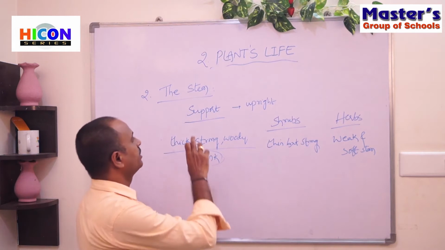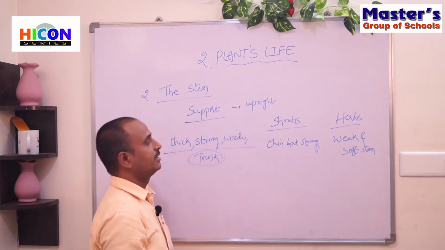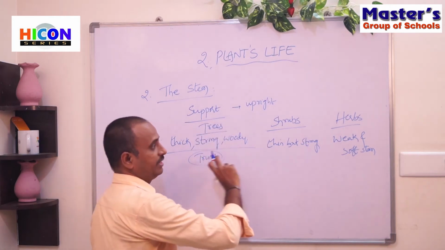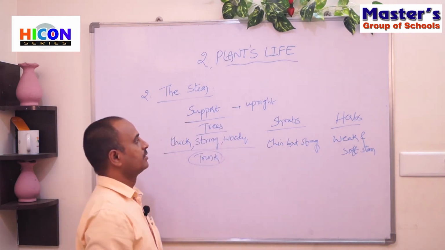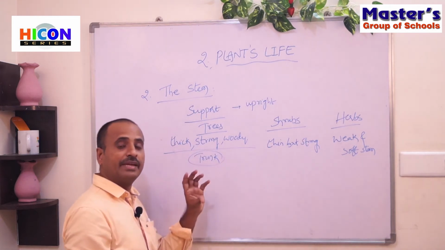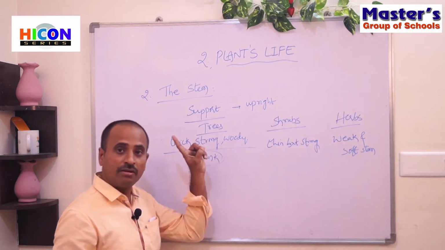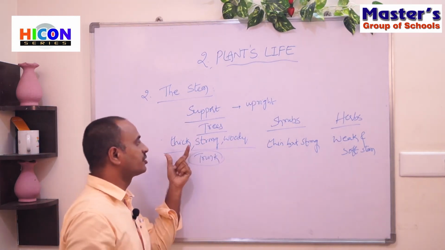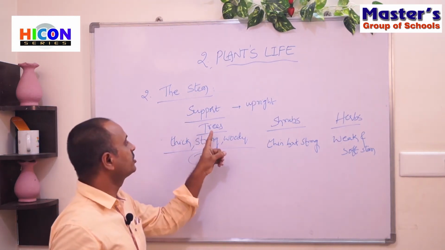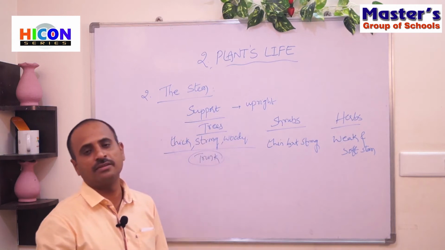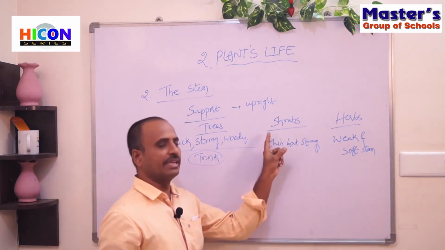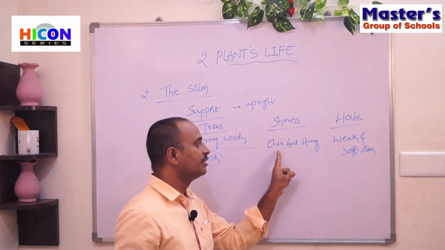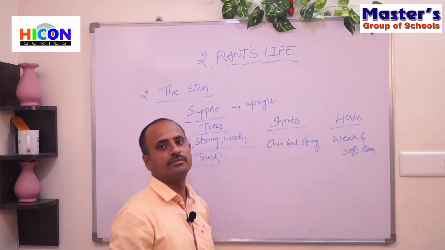So these are the different types of plants and the different types of stems they have. Some plants look very big and large. Those are called trees, and the stem of a tree is very thick, strong and woody. That's why the stem of a tree is called a trunk. Some plants look small. Those are called shrubs. Their stem is thin but strong and woody.